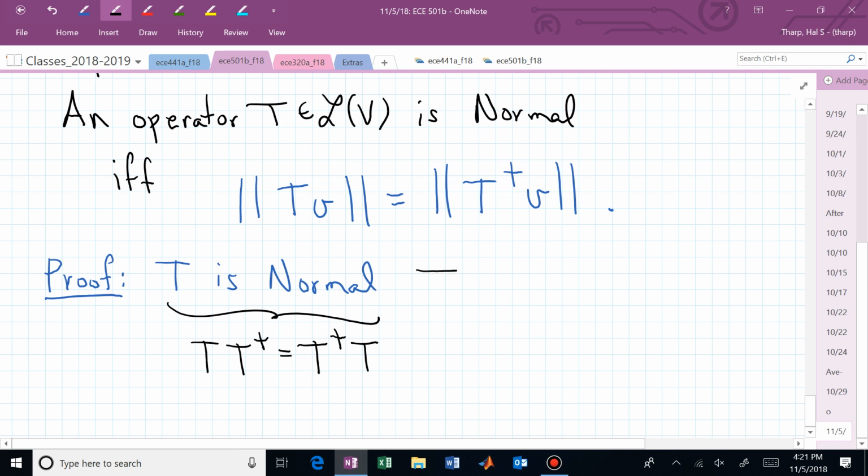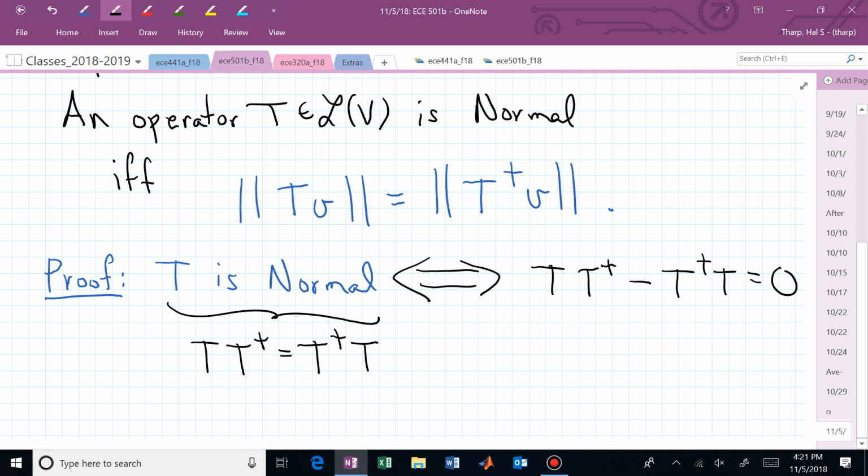But if that's the case, then I hope you can see, and now I'm going both ways, I'm saying if and only if, T T dagger minus T dagger T is equal to 0. Just subtracting T dagger T from both sides based on the definition of normal.